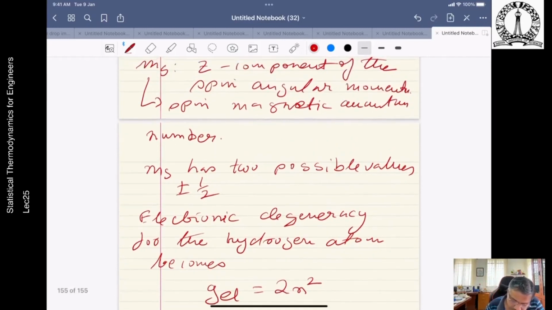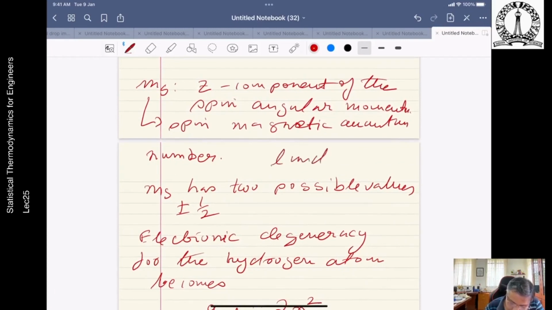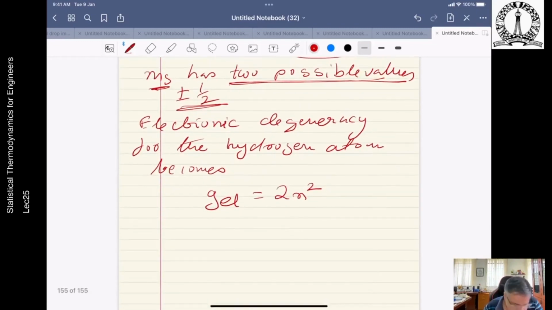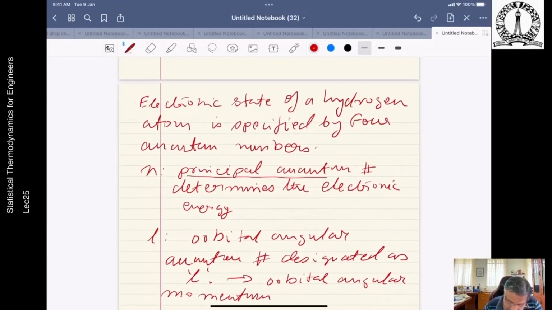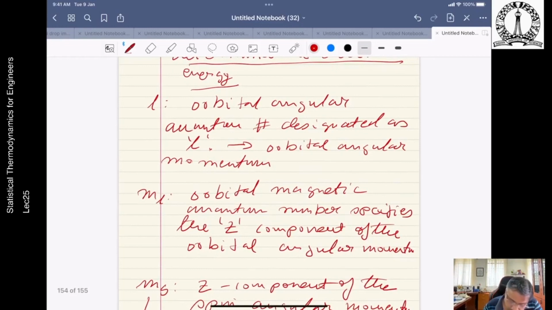We already have seen that L and ML were the two quantum numbers used to generate the degeneracy. Now you add the fourth quantum number, which has two possible values, plus minus half. So n squared gets multiplied by the factor 2 because of these two possibilities. N is the principal quantum number, which determines the electronic energy. L is the orbital angular quantum number, which designates the orbital angular momentum.